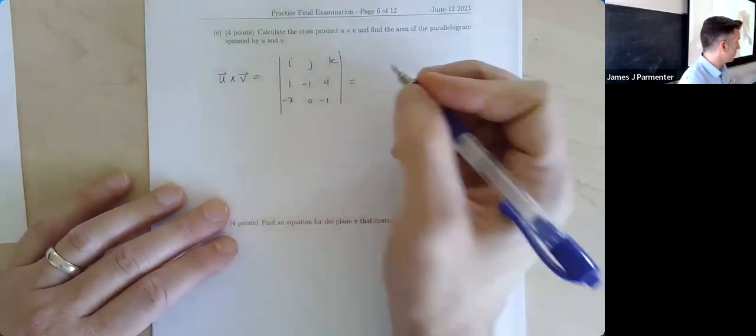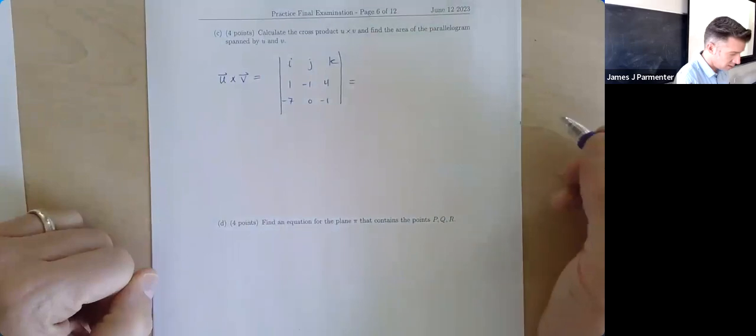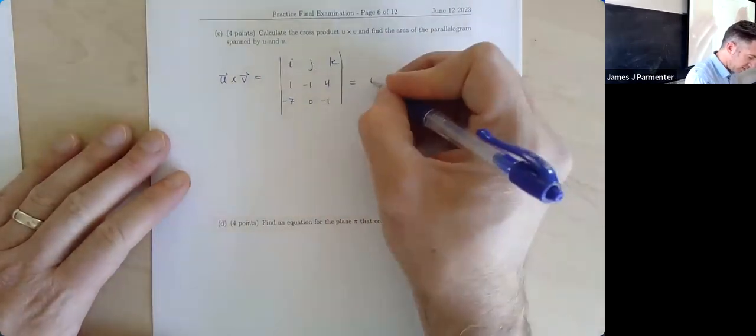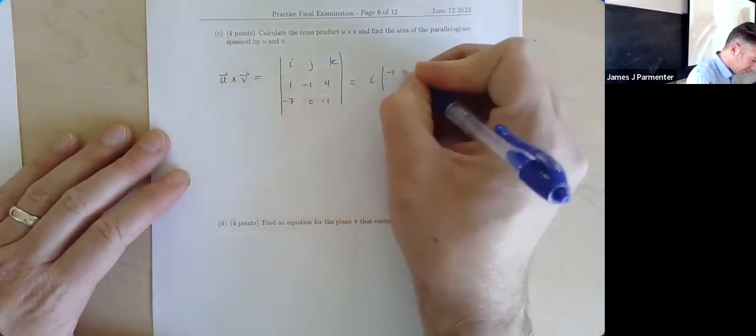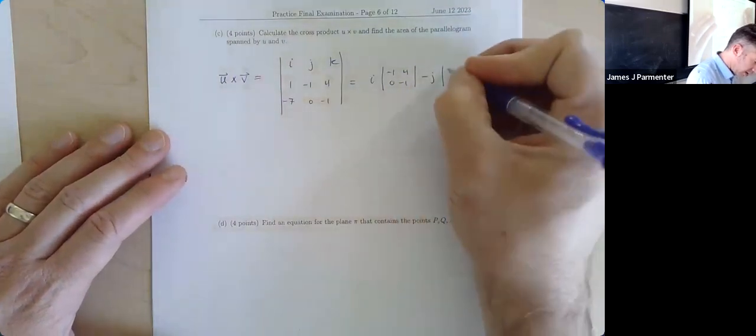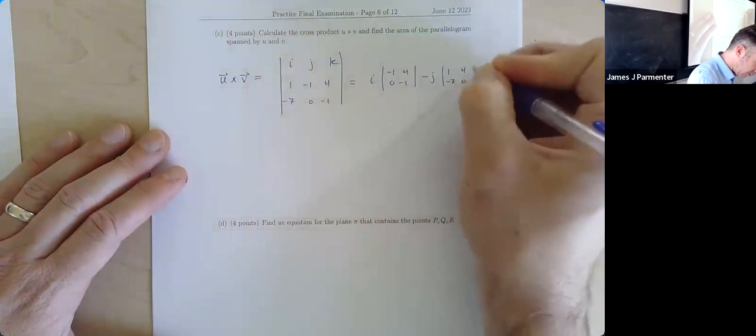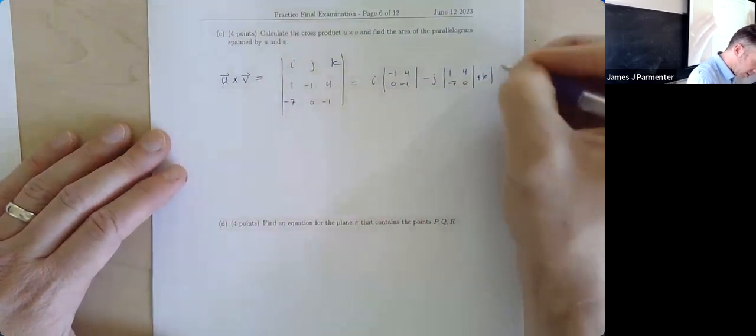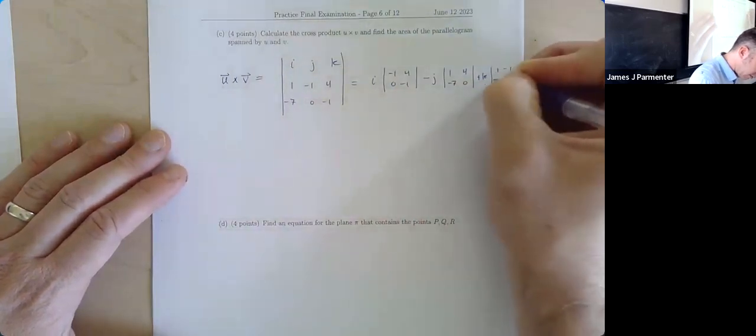You should calculate this in whichever way is the most comfortable for you. My preferred way is cofactor expansion: |-1, 4; 0, -1|, minus j times |1, 4; -7, 0|, plus k times |1, -1; -7, 0|.